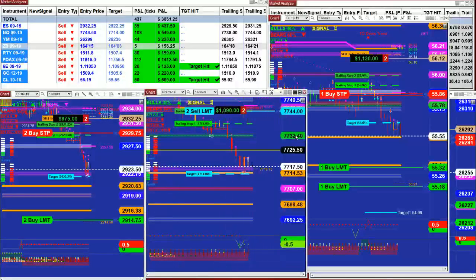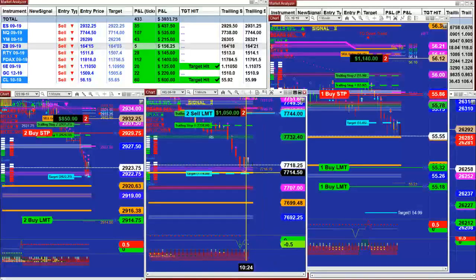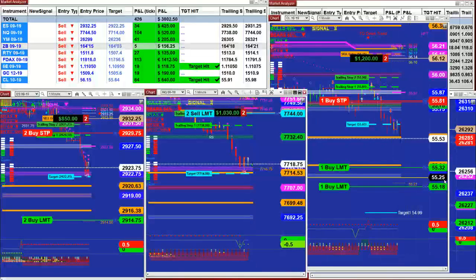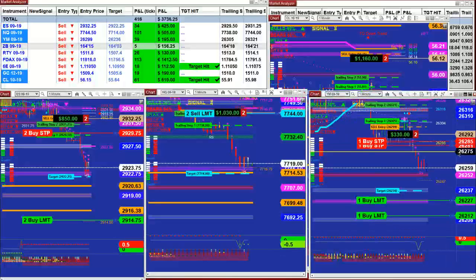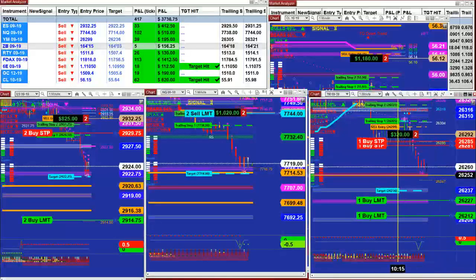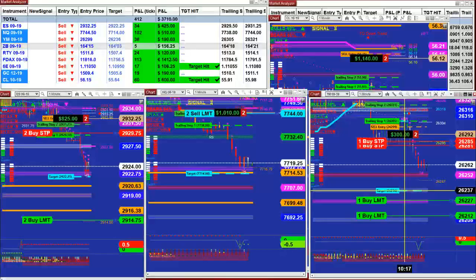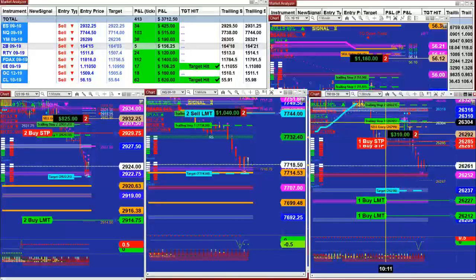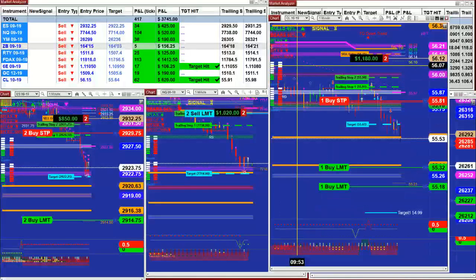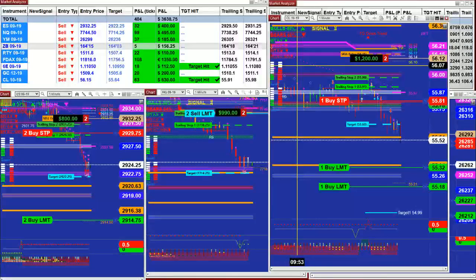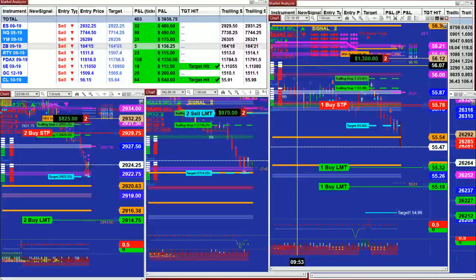On the NASDAQ, we already got to the target, and we are done on the YM. We have come into the support line 26252. If they push it further down, then you're going to be closing at 237. So this is it. On the CL, this is way beyond my expectation, which it happened.